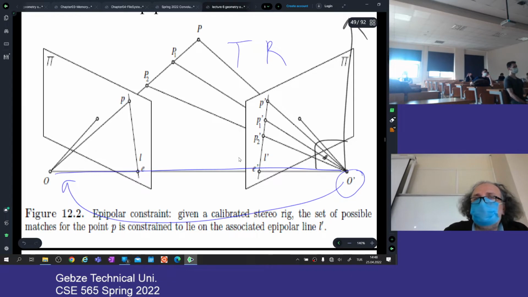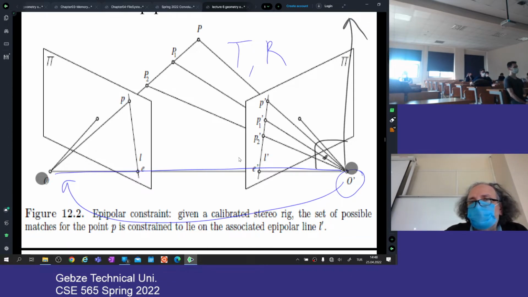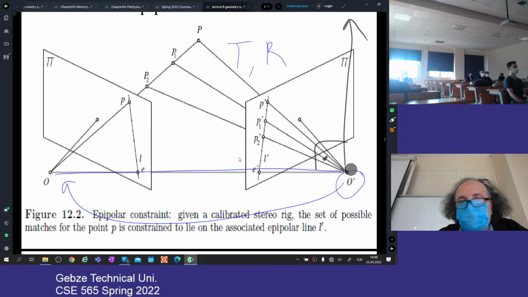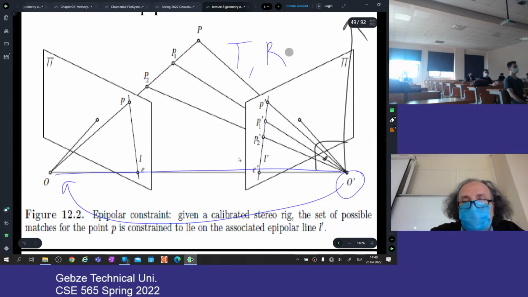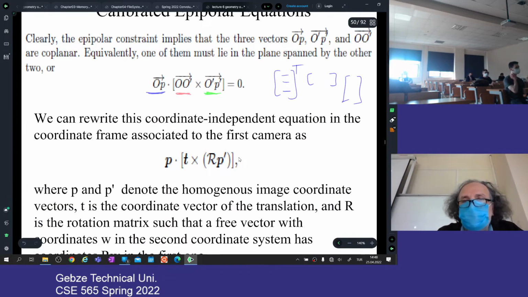So I need this translation vector between these two cameras and a rotation matrix to rotate the point from the right coordinate system to the left coordinate system. Okay, that's what I'm going to do, and that's what these guys are doing actually.